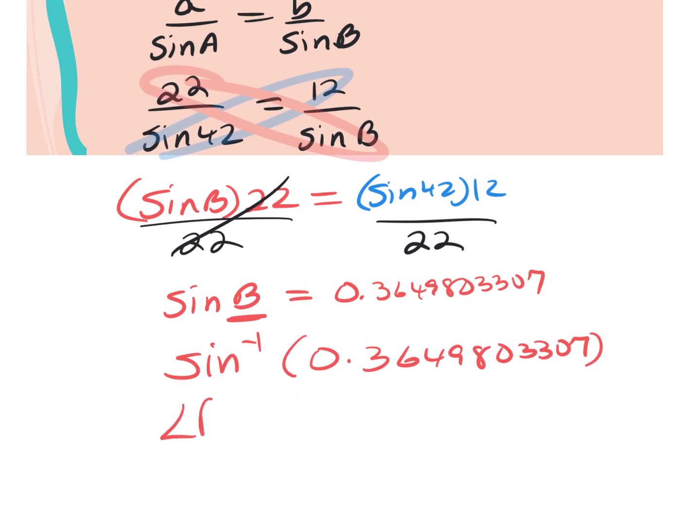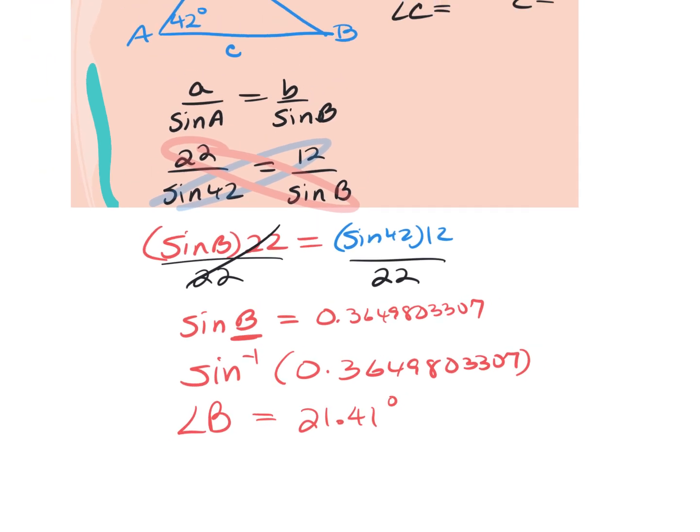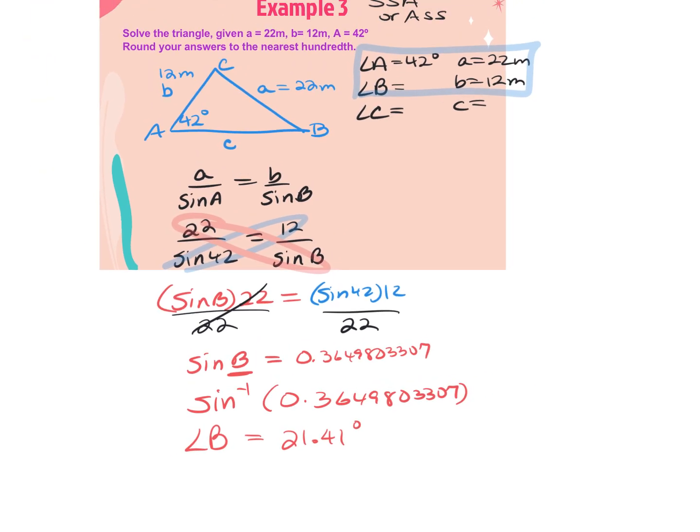So angle B is equal to 21.41 degrees, because you should be getting 21.406, and then it'll round to a 1. So this is angle B. So I'll come up here, and angle B is 21.41.